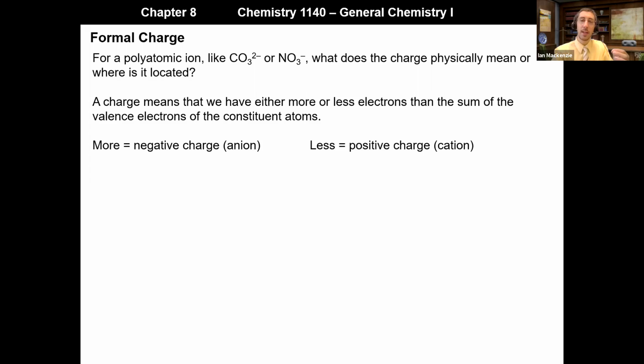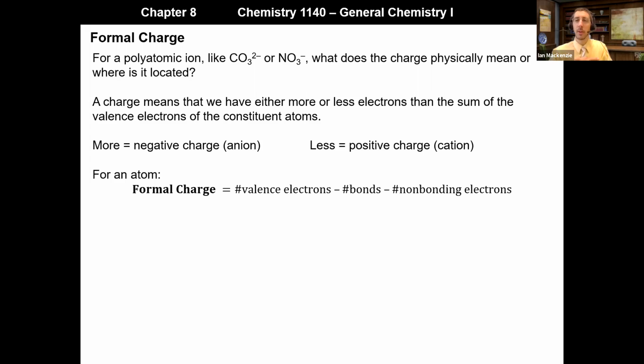So how do we keep track of that when we want to talk about where that charge is located or what that means? Well, we use something known as the formal charge. And every atom in a molecule has a formal charge. It might be 0, but every atom can be assigned a formal charge.